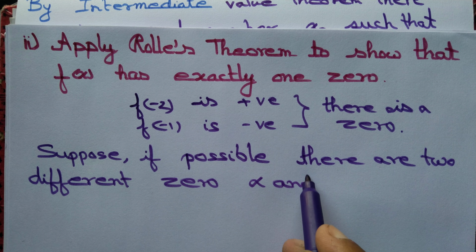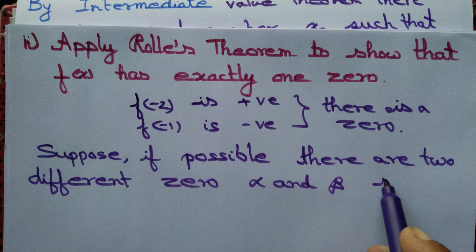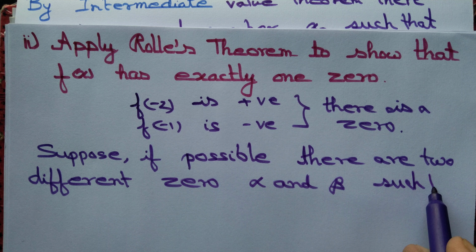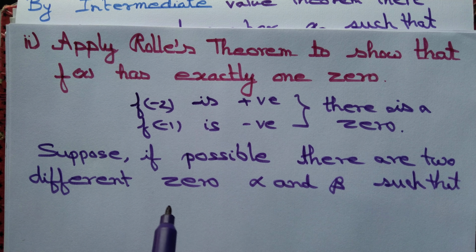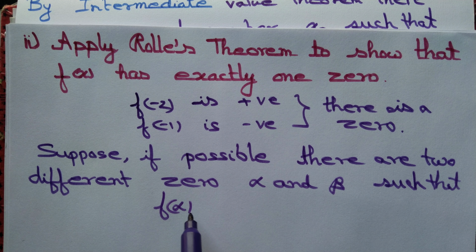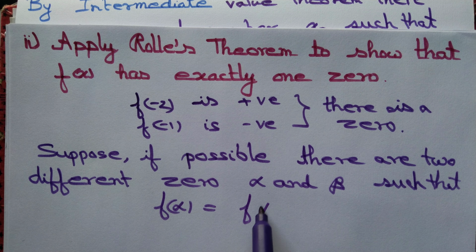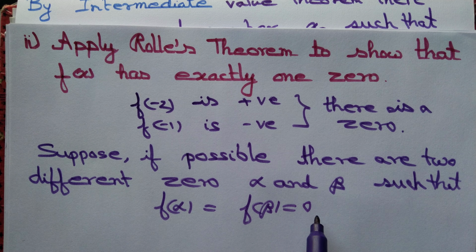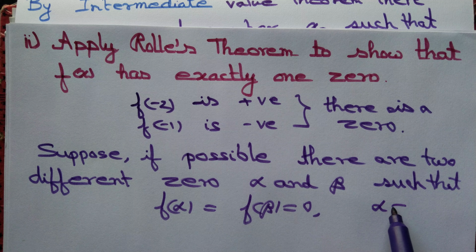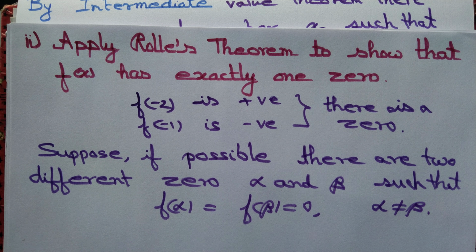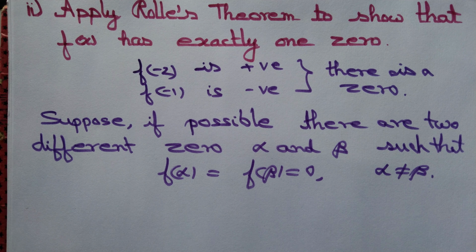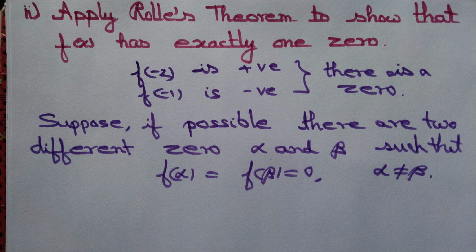There are 2 different zeros, alpha and beta, such that obviously if they are zeros, then f(alpha) has to be 0, and f(beta) also has to be equal to 0, and obviously alpha is not equal to beta. Now if alpha is not equal to beta, either alpha is greater than beta or alpha is less than beta.